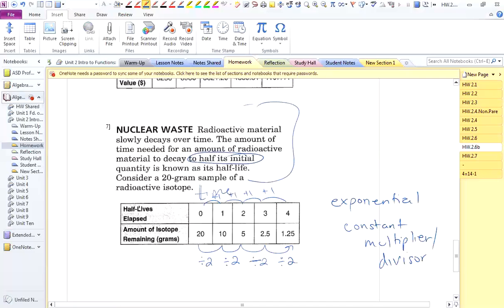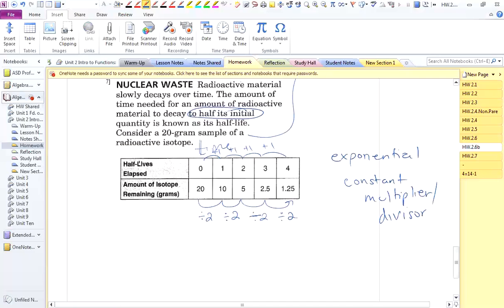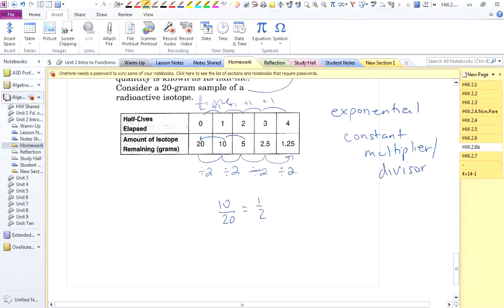Okay, and here is another way we can prove it's exponential if you're not sure. Let's take 10 and divide it by 20. What do we get? 1/2. Take this value divided by this value. What does that reduce to? 1/2. Let's take 5 divided by 10.